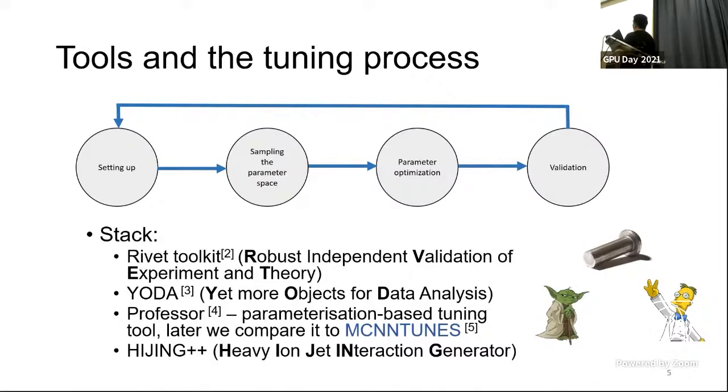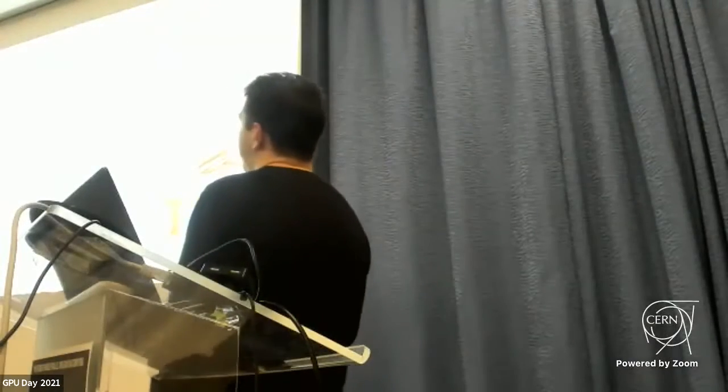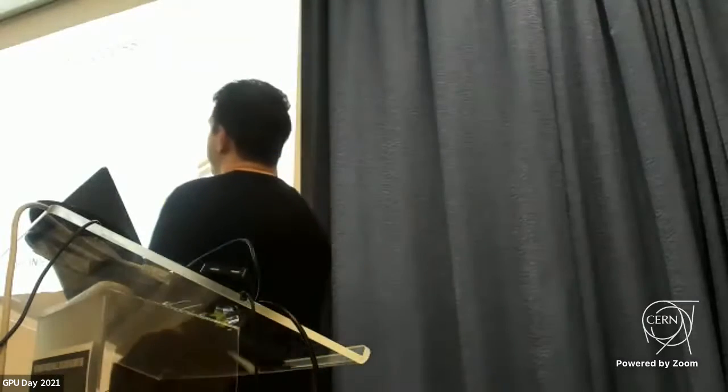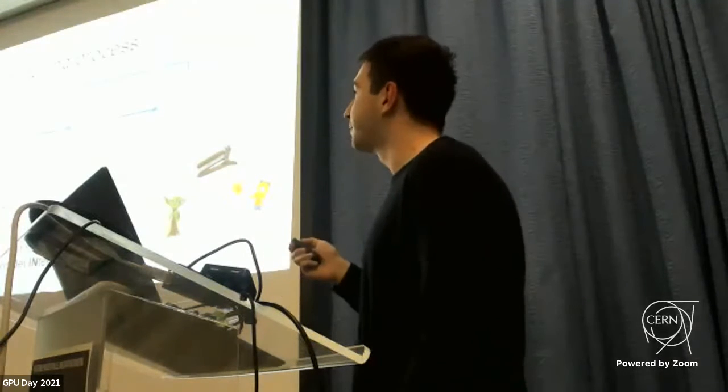After that, we run HIJING++ for each of the parameter sets, optimize these parameters, and run a validation to see if it's as expected. If it's really good and all of our analyses match the experimental data, then we are happy and we exit the loop. But we are kind of stuck here in this never-ending loop.